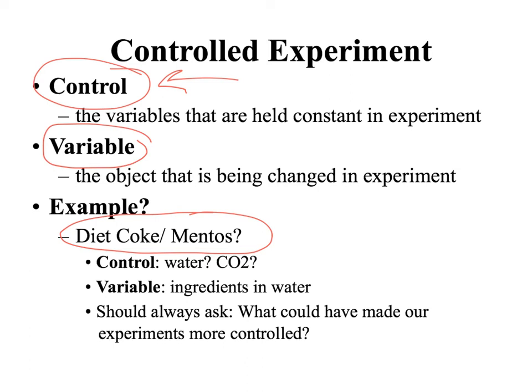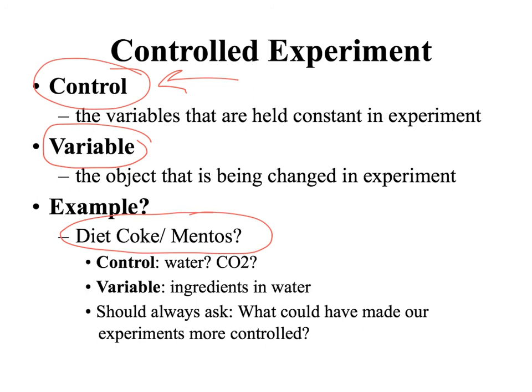So by adding one ingredient at a time to this seltzer water and comparing the seltzer water with Mentos dropped in it to the seltzer water with one extra ingredient and a Mentos dropped in it, you created this controlled experiment where you could pinpoint and see what each individual ingredient did to the geyser effect of the Diet Coke and Mentos.